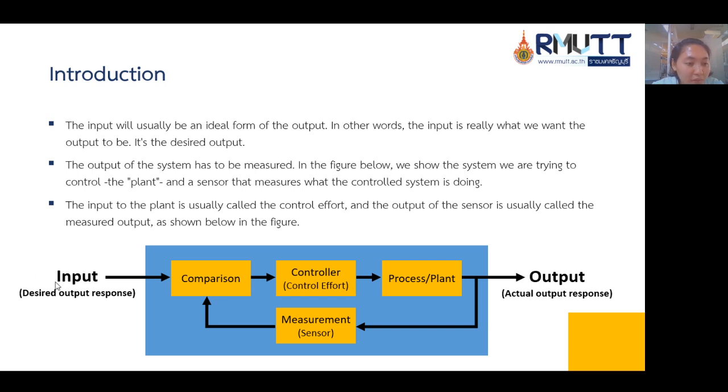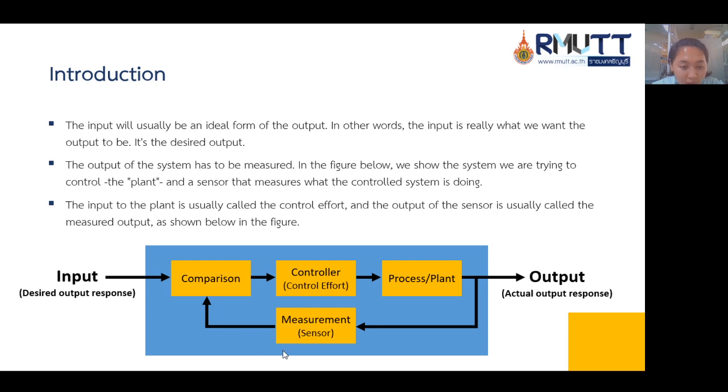The input will usually be an ideal form of the output. In other words, the input is really what we want the output to be. It's the desired output. The output of the system has to be measured.